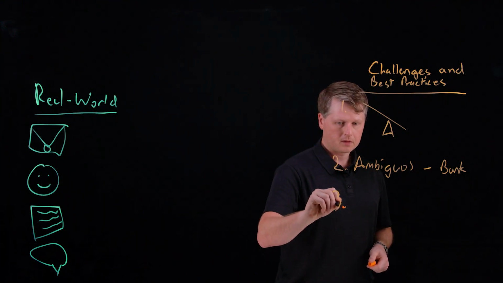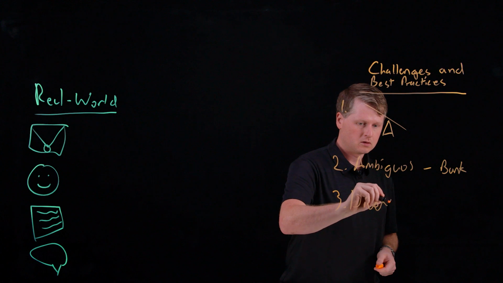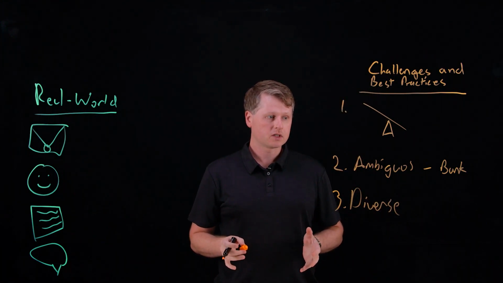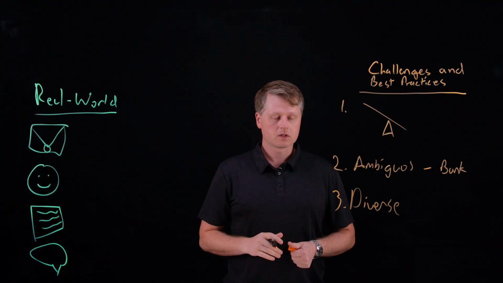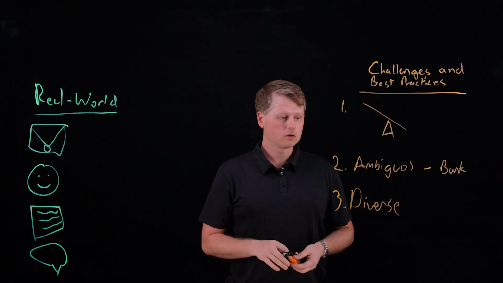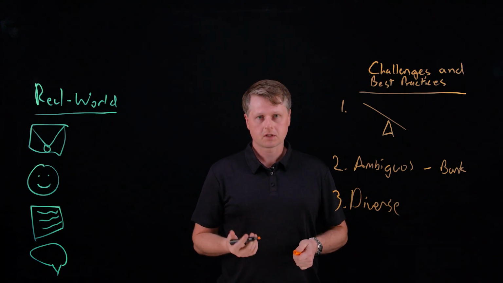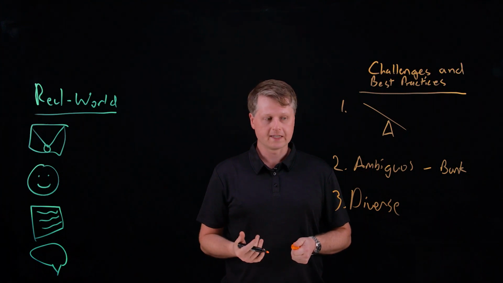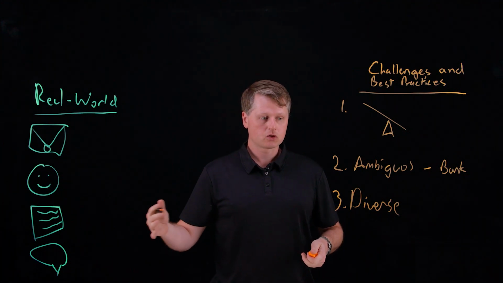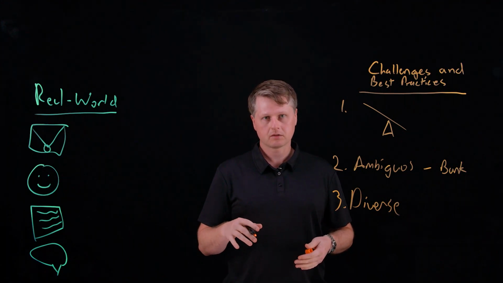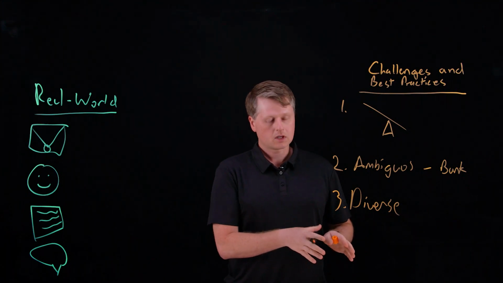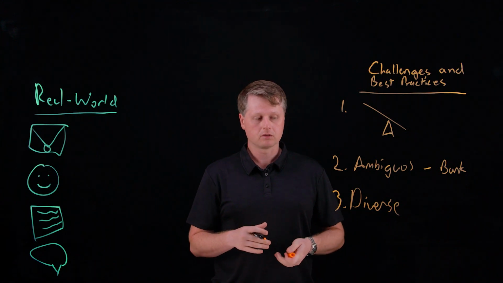The third one is diverse. Diverse meaning you have a wide spread of different types of examples. So using sentiment analysis as an example here, positive, negative, and neutral, you need to make sure that the types of training examples you have within each spread both the extremes of extremely positive to kind of positive, and then into the negative, extremely negative, kind of negative, and then everything else in the middle, neutral.